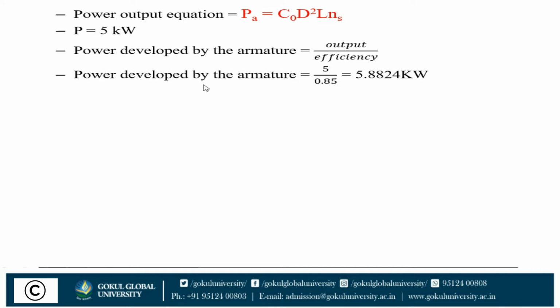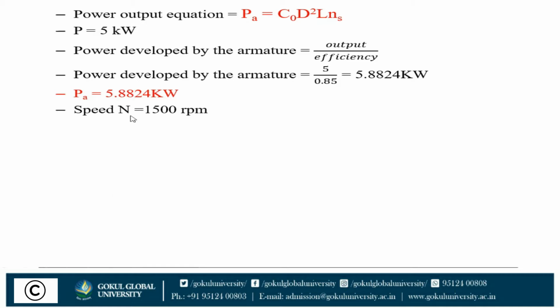तो ये जो हुआ वो आपका PA, the value of PA is equal to 5.882 किलोवाट. ये आपका रहेगा आर्मेचर पावर. Next, what is your speed? Speed is equal to 1500 RPM.